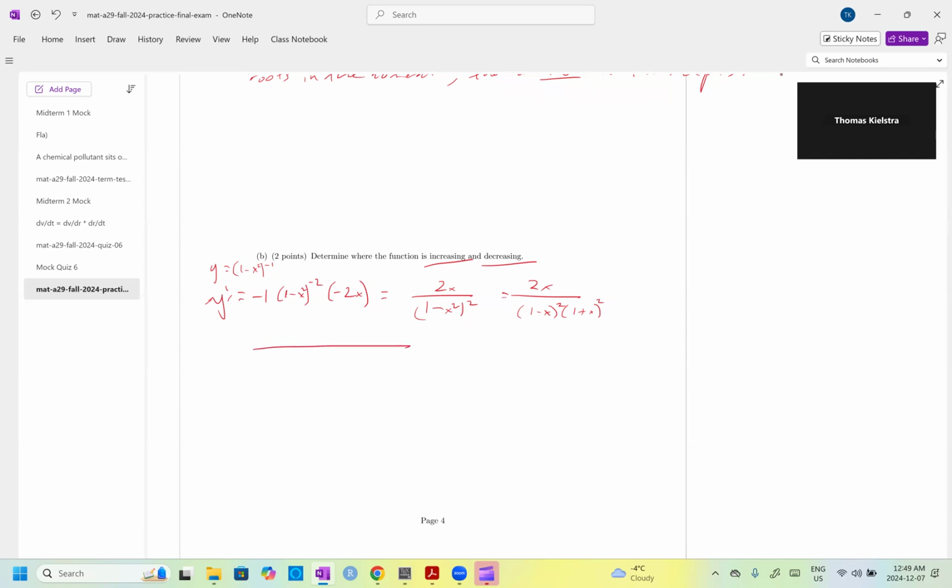I'm going to construct a sign chart about these values. These values are, from the numerator, x equals 0, and from the denominator, x equals plus or minus 1.